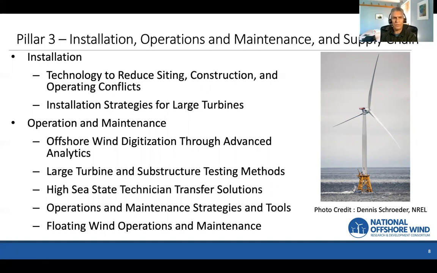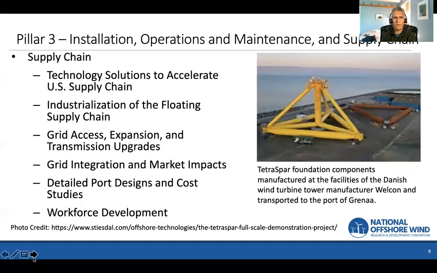Let's go to the final slide, I think, which is the supply chain. In the supply chain, this really extends to all of the areas in some way, but we're looking for solutions to accelerate US supply chains through unique and advanced materials that can be developed, like concrete in local ports where steel fabrication may not be as accessible.